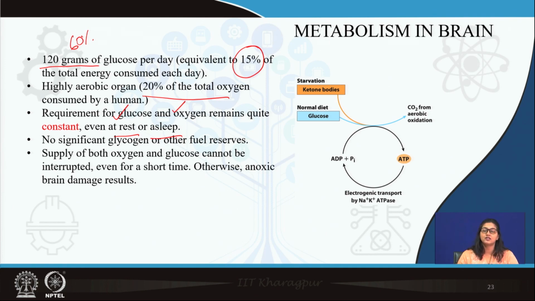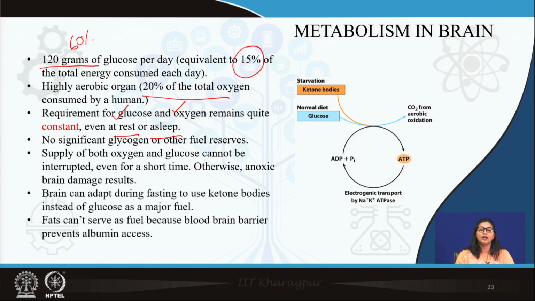Moreover, free fatty acids which are circulated in albumin bound condition cannot pass the blood brain barrier. Remember, albumin cannot pass the blood brain barrier. So, fatty acid albumin complex also cannot pass the blood brain barrier. So, what will happen? If this energy deficiency is there, there will be anoxic damage.